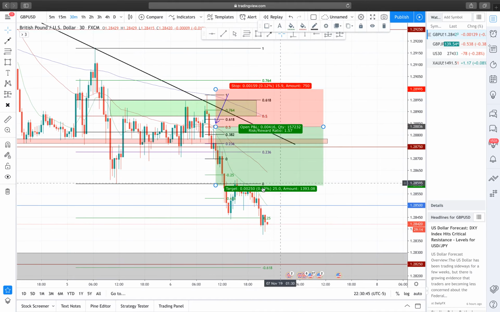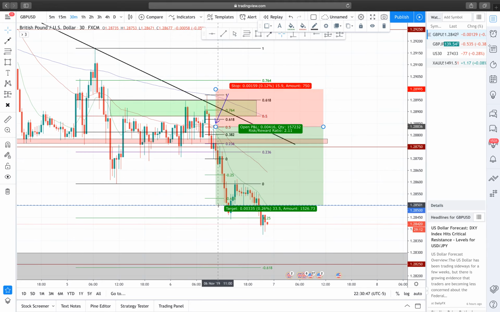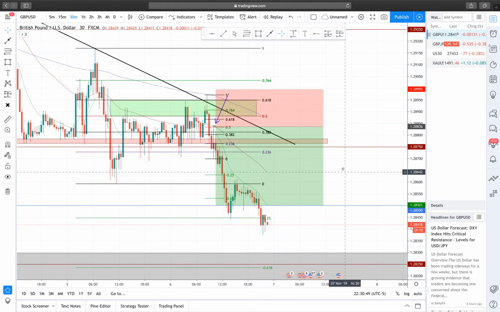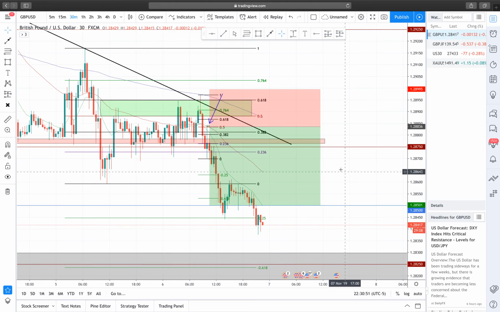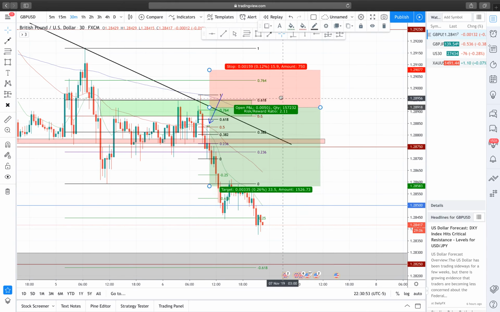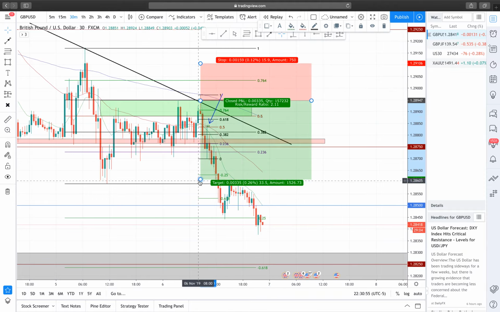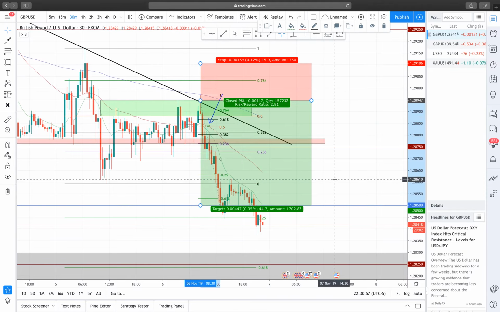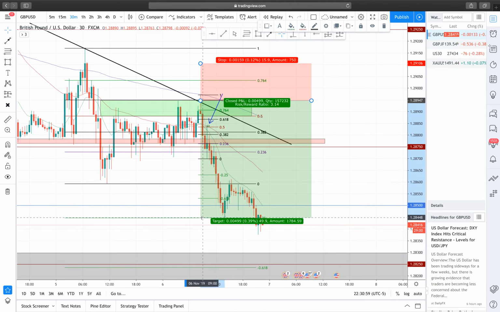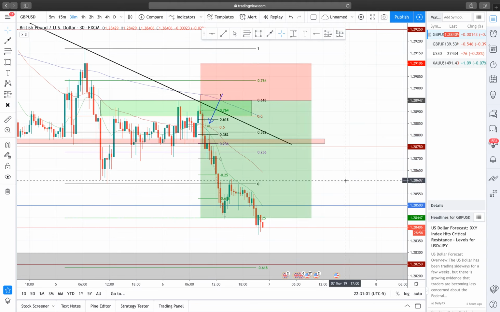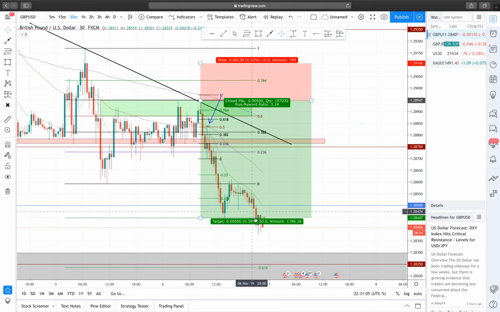And from our 50 entry in the 15 minutes, about 33 pips. If you guys would have got up here, I said, guys, you could have caught like 50 pips. And as you can see, we're still going down.